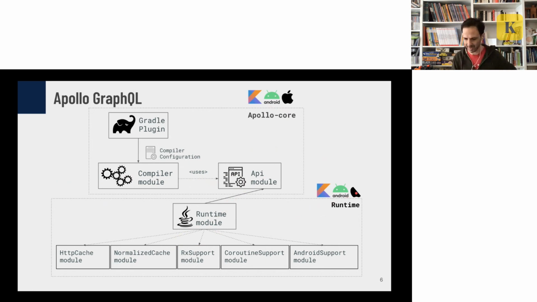This is why the apple is a bit cut here. Some parts are working, some parts are still under construction, and Ivan will explain at the end of this talk what is currently going on in the Apollo runtime. But enough talking, I will leave the floor to Tasso to explain how we brought Kotlin multiplatform to Apollo core.